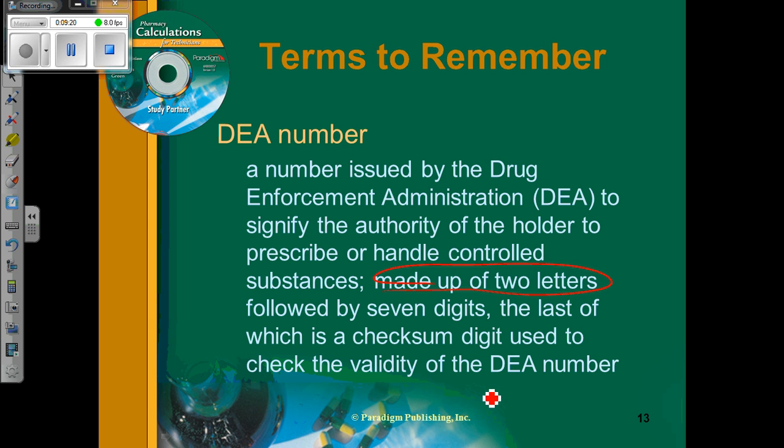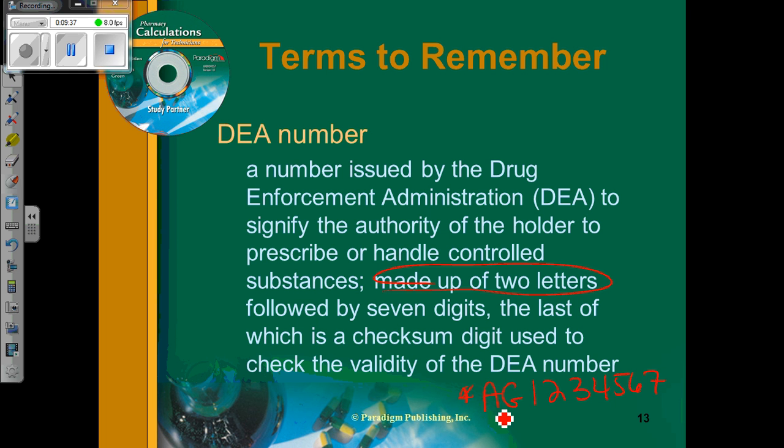So just to give you an example, we may have, I'll just put A, G, and then 1, 2, 3, 6, 7. I'm just going to do a fake one there.